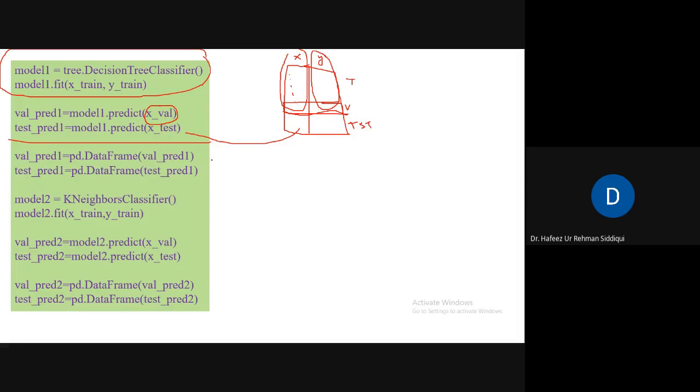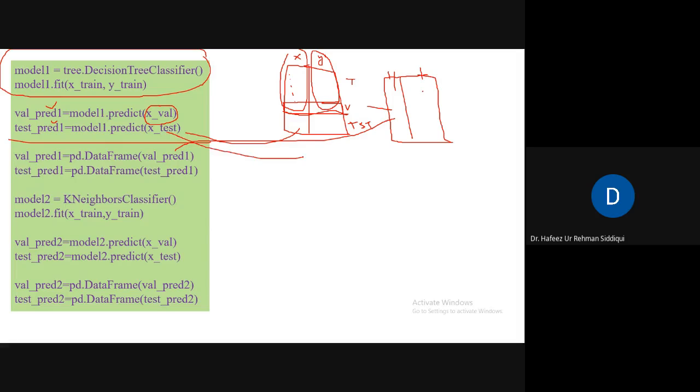So now put those results into a data frame. Data frame means just put it into a table like this one. There is an input, you get a prediction.